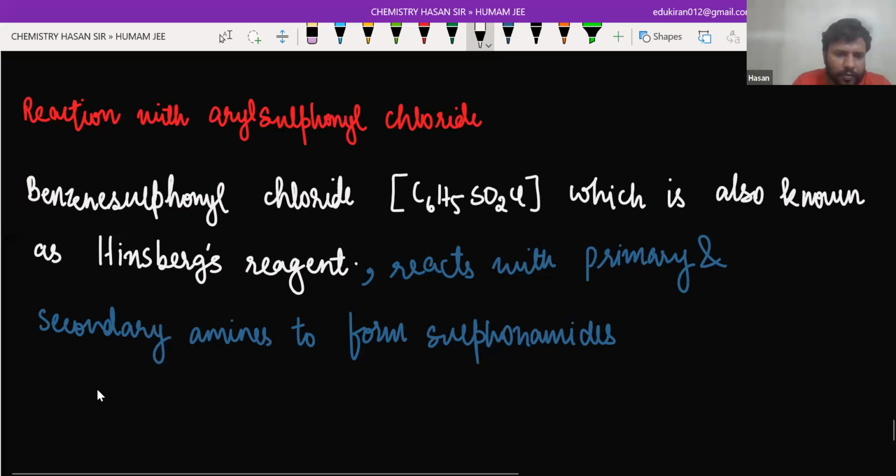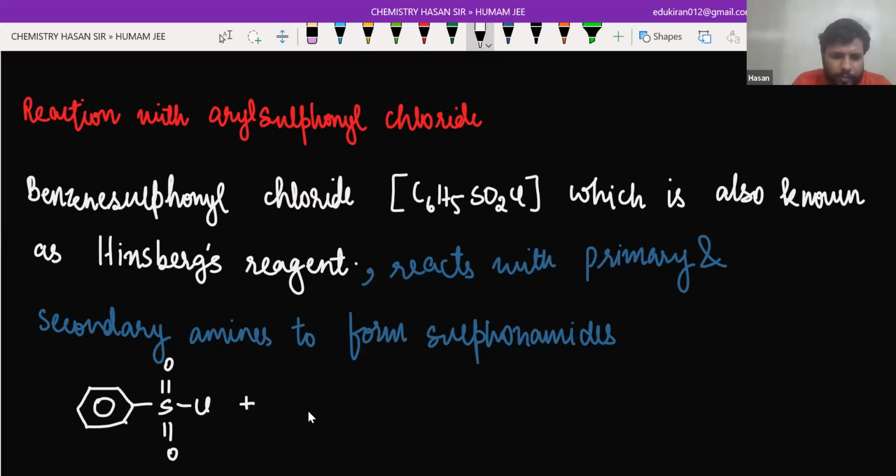So see how the reaction will be taking place. First, I'm going to write the structure of this. This is your benzene sulfonyl chloride, and this is with the primary amine. There will be 2 hydrogens in the amine. You know that this is your C2H5NH2. So how will the reaction take place?